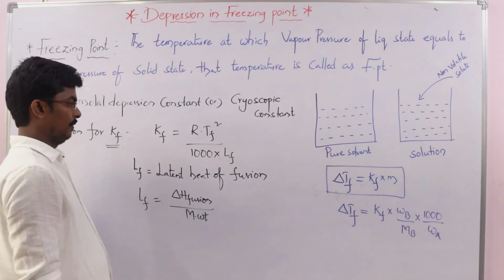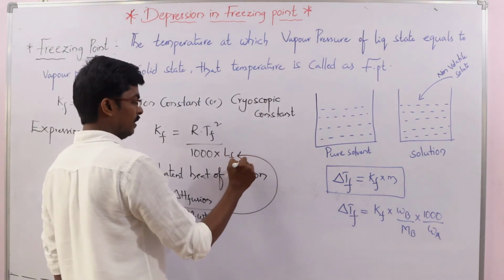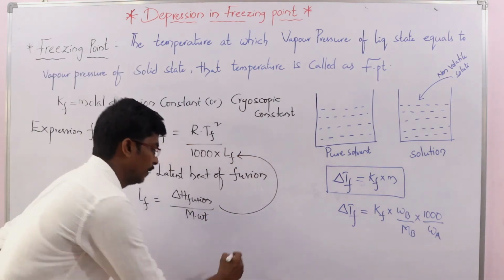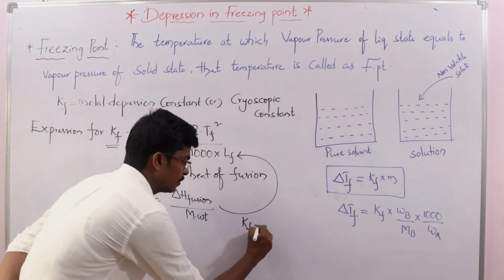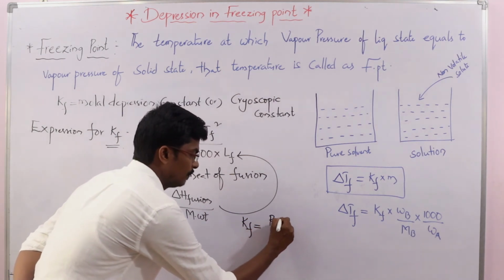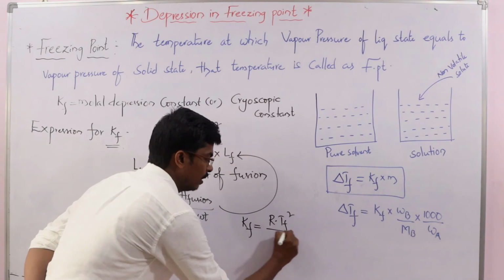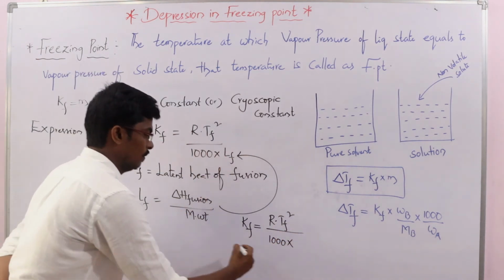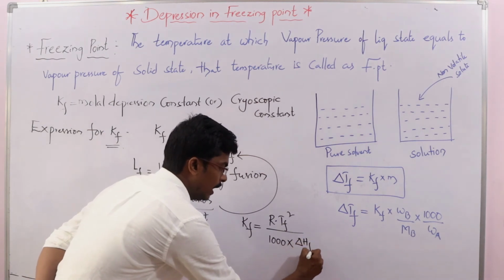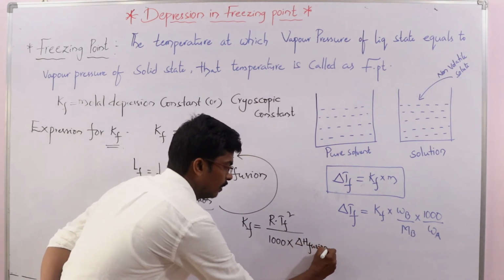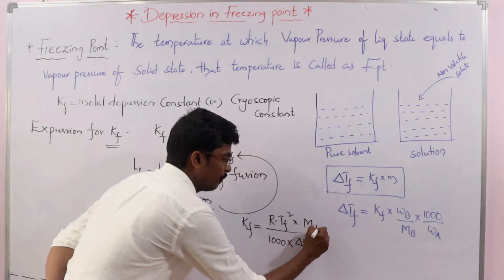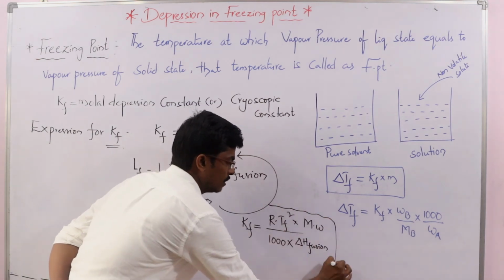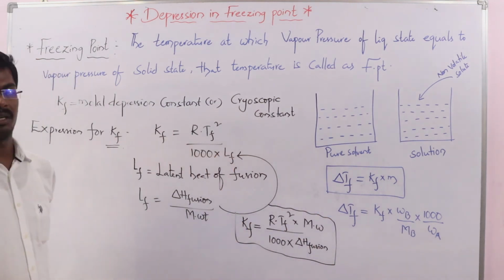If you substitute that Lf, finally you get the expression for Kf = R Tf² / (1000 × Lf), with Lf as ΔH fusion per molecular weight. So this is the expression for Kf.